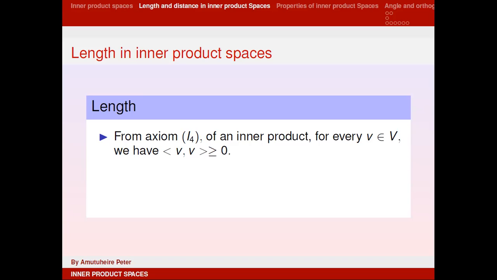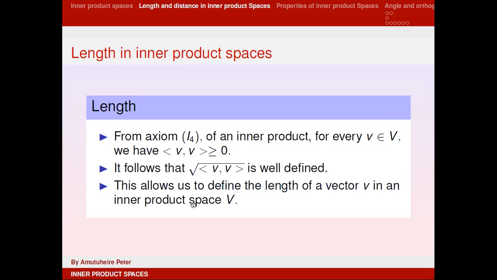Axiom 4 says that in a vector space V, the inner product of V with itself is always non-negative. So the square root is well defined, because when we take the square root of a non-negative thing, it is well defined. It allows us to define the length of a vector V in an inner product space.